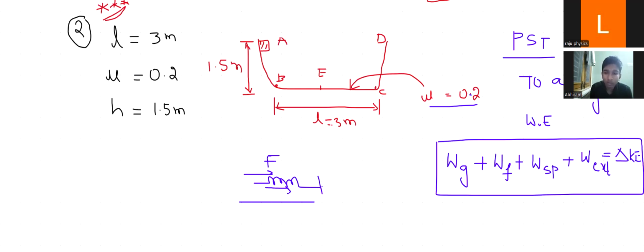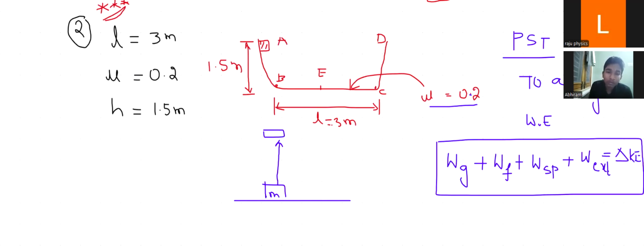Commonly, for example, this is the earth surface, and here some body of mass m is there. You can lift it like this and put it somewhere. Is force experienced?